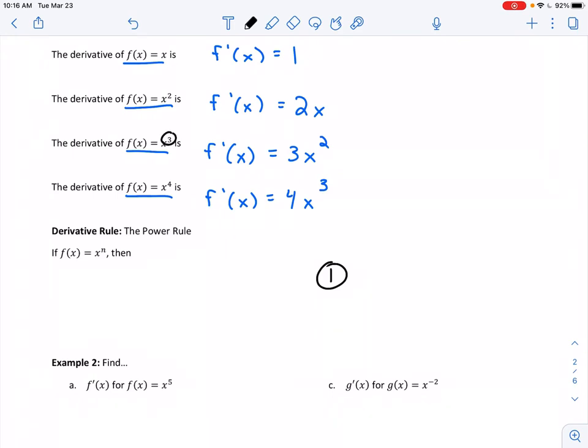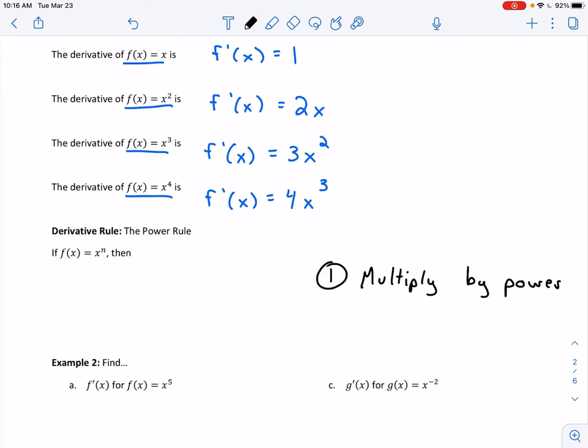Well, we take this power and we move it to the front, and we don't want to just say move it to the front. We want to use a math word, so we are multiplying by our power. So our first step in each one of these is to multiply by the power.